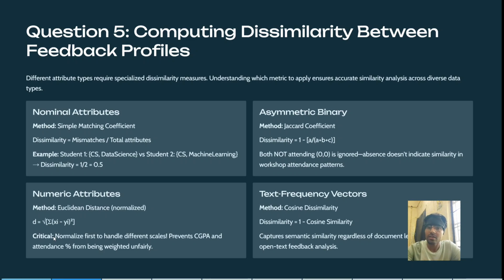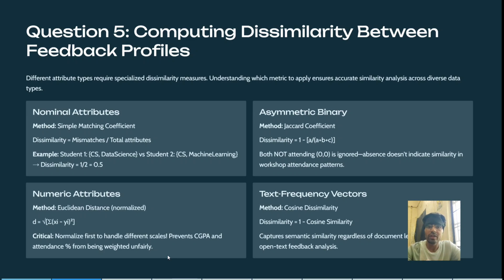After the normalization, we apply the standard Euclidean formula, which is the square root of the sum of squared differences. For example, if student 1 has a CGPA of 8.5 and 85% attendance, while student 2 has a CGPA of 7.0 and attendance 70%, after the normalization to a 0 to 1 scale, we would get normalized values of about 0.7 and 0.85 for student 1.